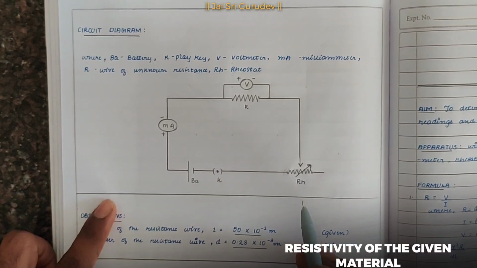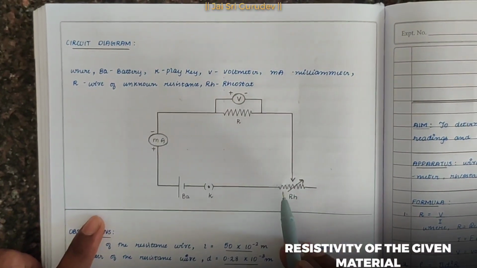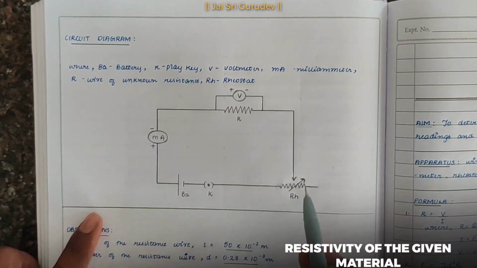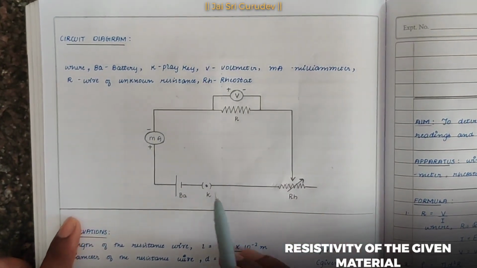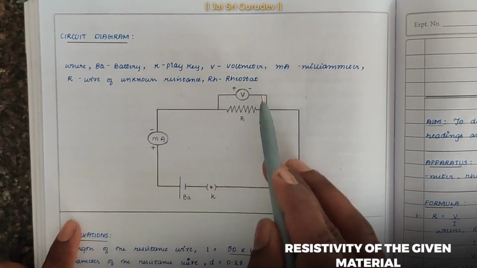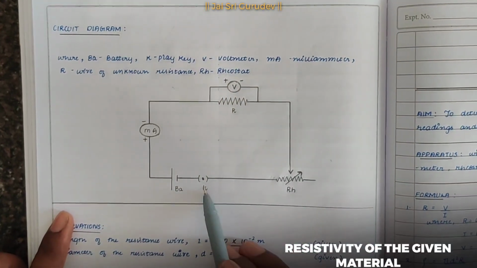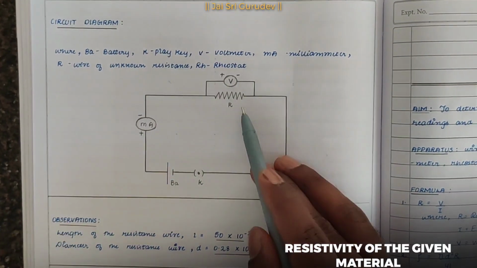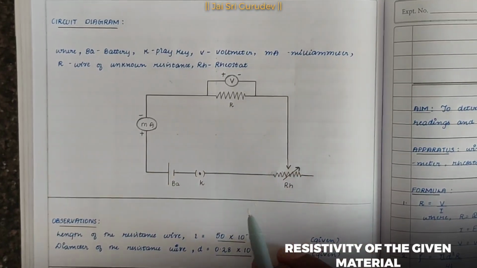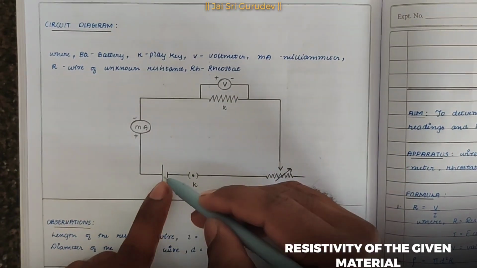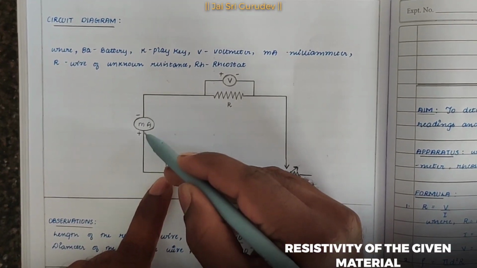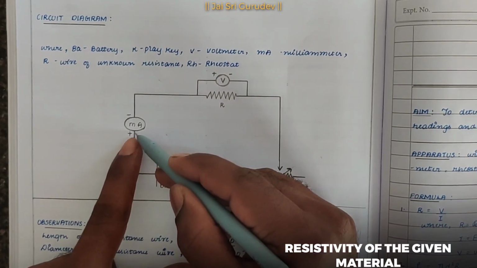Now I'm going to explain the circuit diagram to find the unknown resistance. To do this experiment, we require a battery eliminator, ammeter, voltmeter, a rheostat, plug key and the unknown wire R. From the positive terminal of the battery, take one wire and connect it to the positive terminal of the ammeter.